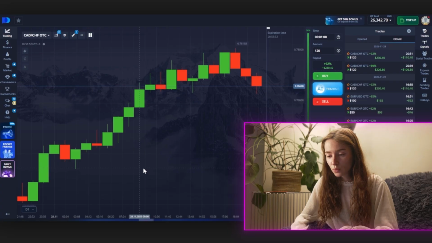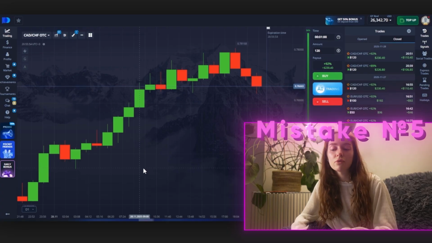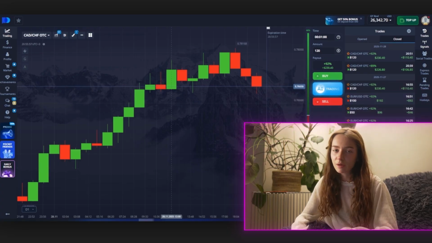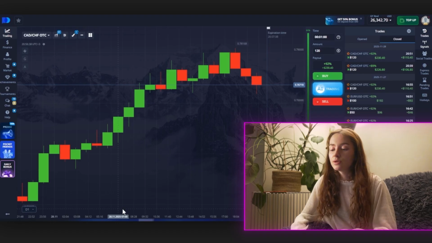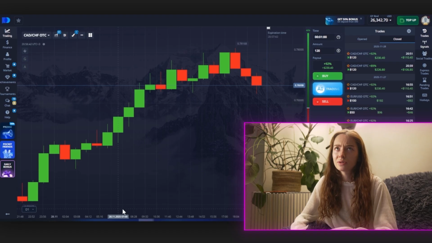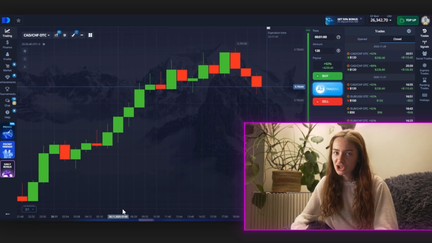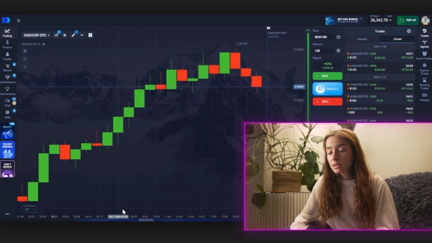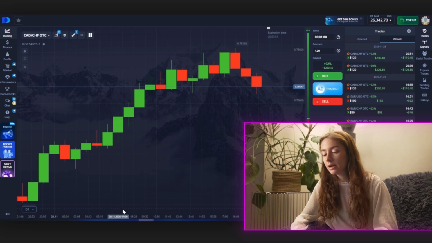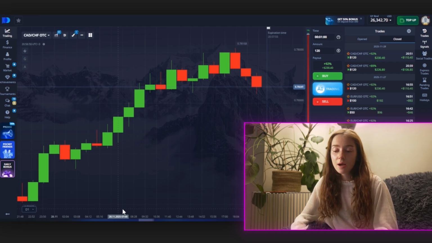Now let's move on to mistake number 5. Incorrect risk management. There is not much to explain here. Beginners place trades worth 30% or even 50% of their deposit, which is a disaster. When someone does this, they are clearly chasing big money and fast money.